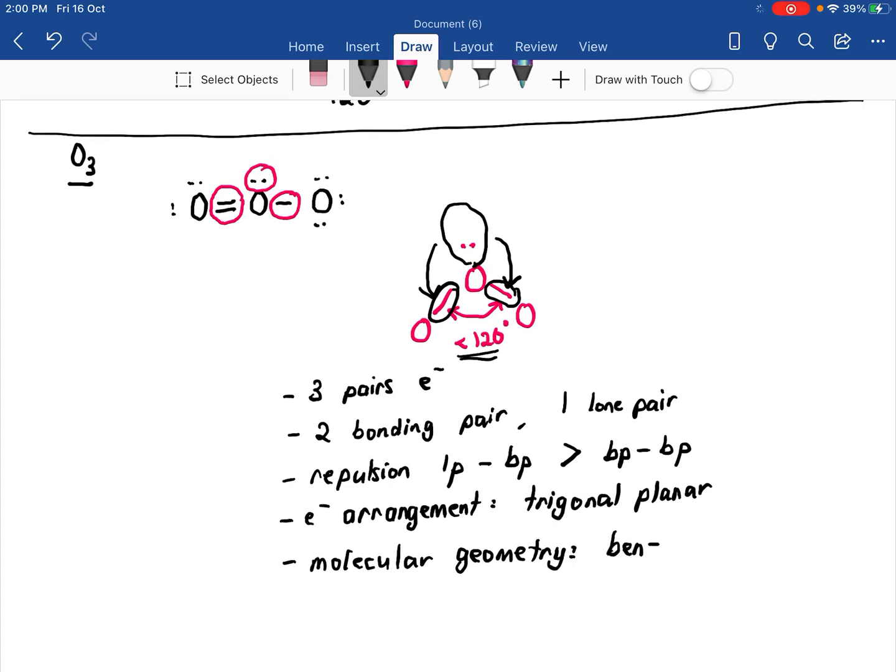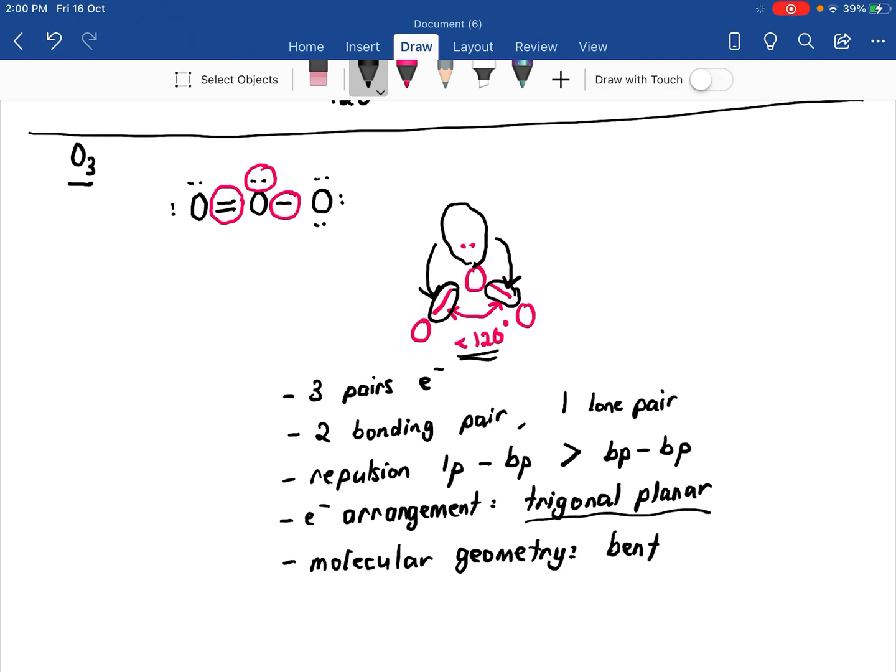Okay, trigonal planar is the electron arrangement, susunan elektron, regardless of whether the electron is bonding pair or lone pair. Sebab kita ada 3 pairs of electron. So these 3 pairs of electrons have to be arranged according to trigonal planar. Kita ada 3 pair elektron, tak kira lah dia ialah bonding pair ke lone pair ke, sebab dia ada 3 pasang.